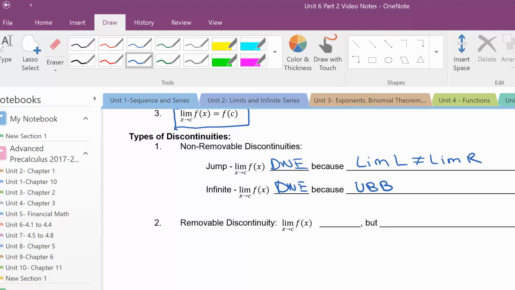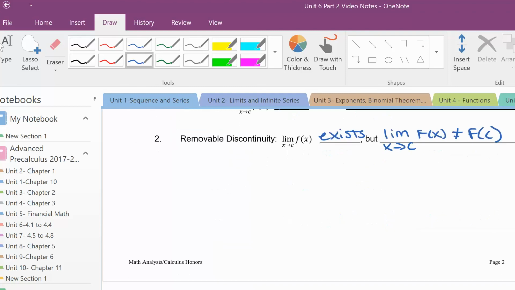It is a removable discontinuity if the limit of the function exists, but the limit as it approaches that number of the function does not equal the value of the function at that point. So those are the 3 types of discontinuity. 2 of them are non-removable, the jump and infinite, because that means the limit doesn't exist, and removable discontinuity is when the limit exists.